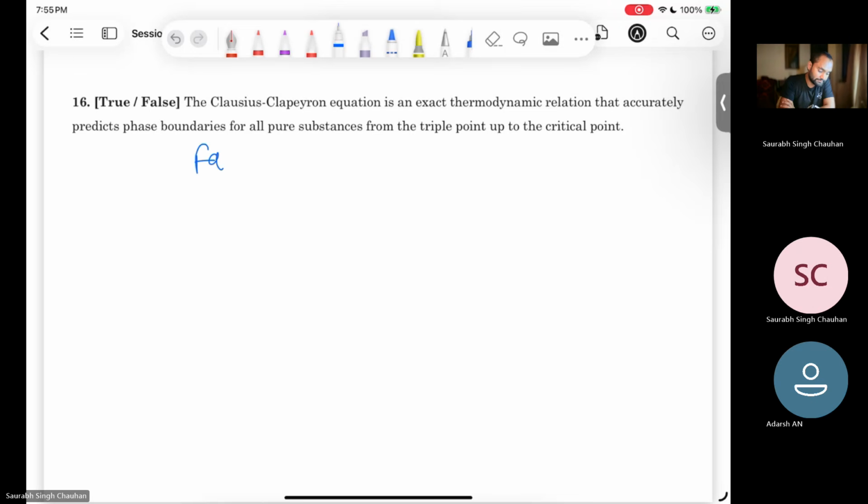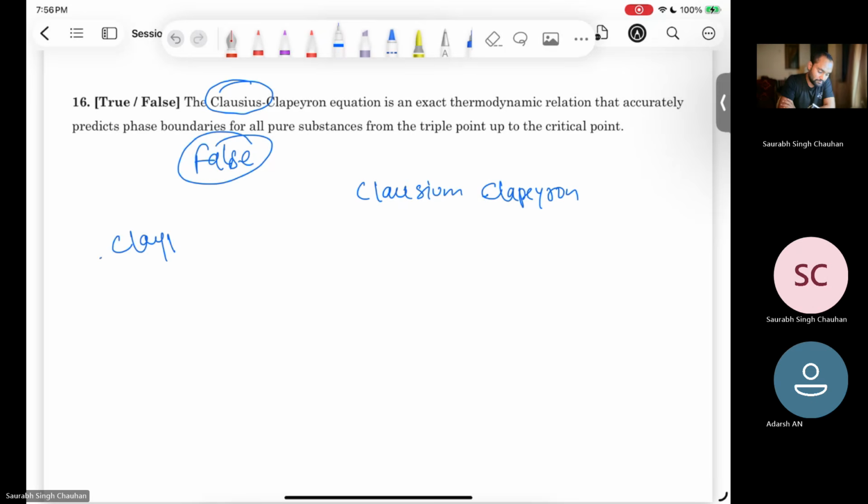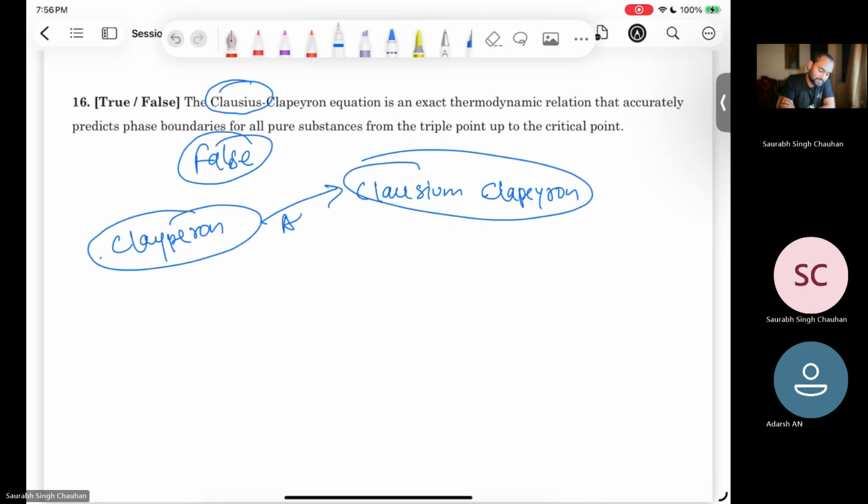This is false, because in Clausius-Clapeyron we had certain assumptions, and those assumptions are not always valid. It is saying triple point to critical point.